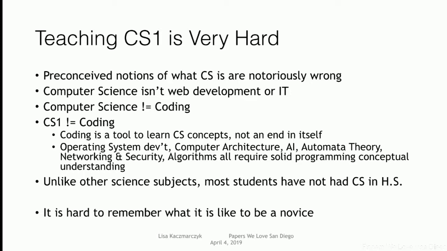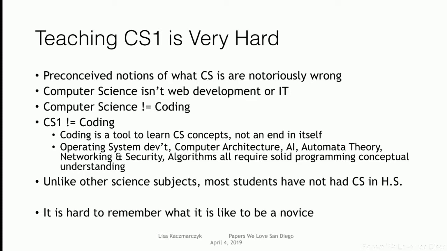Computer science is not coding. Coding is actually a tool. It's a tool that you learn in your very first computer science class and classes, that you get a level of mastery of initially so that you can start studying all these other topics that are actually what the heart of computer science is all about. So even in your introductory course, you're not just learning how to code.